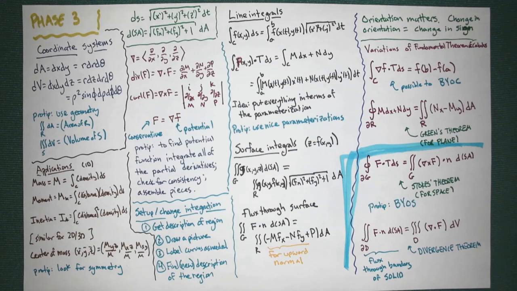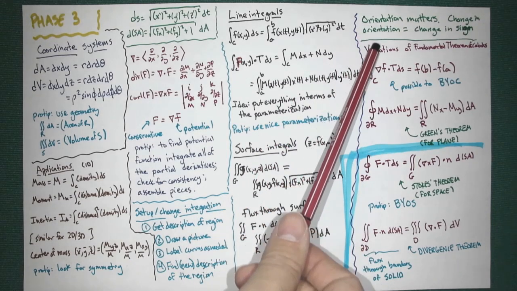And remember, orientation matters. If you change orientation, then you change the sign. So if they give you a weird orientation, you say, okay, I'm just flipping my orientation, toss in a minus sign.